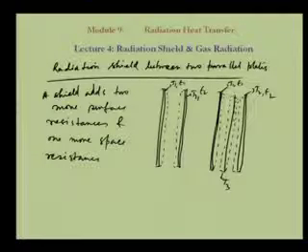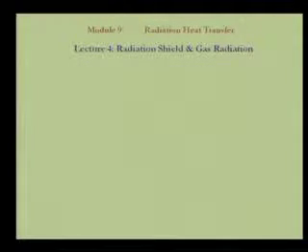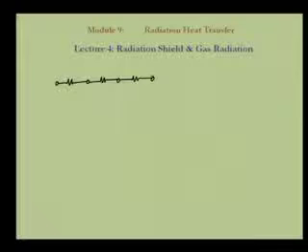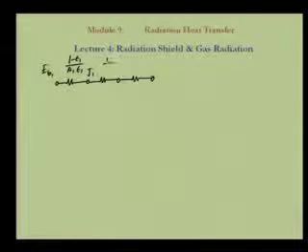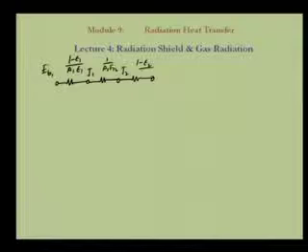In fact, if you see the electrical analogous diagram, say this is EB1, then 1 minus epsilon 1 by A1 epsilon 1, this is J1, then 1 by A1 F12, and this is then J2, and this is 1 minus epsilon 2 by A2 epsilon 2.